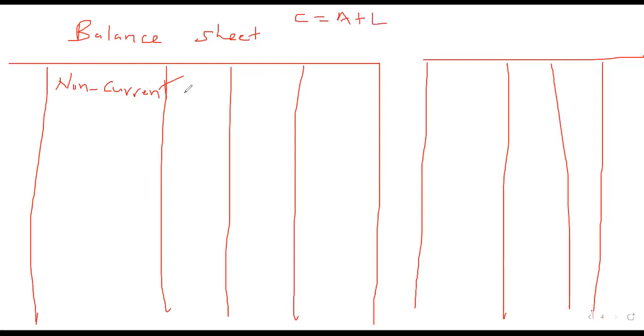Okay, so we need to fulfill this. Non-current assets. So here we have what? We have cost here. We have the depreciation, if any, and the net book value, if any.